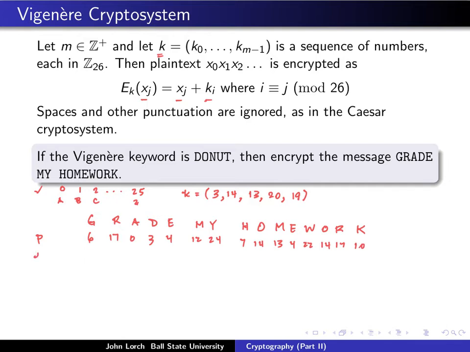Now what we're going to do is insert our key. The point of this key is to cycle through all of these shifts.